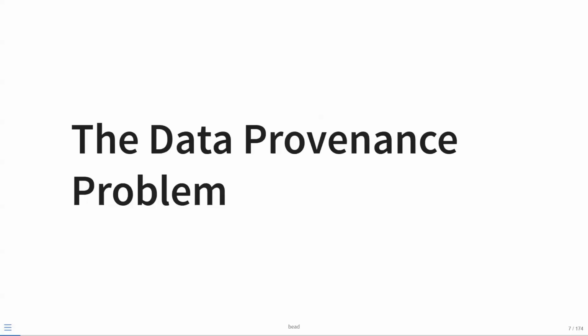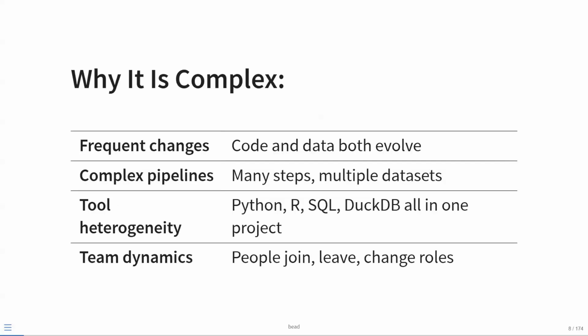So what is the broader problem here that we're trying to solve? We think the data provenance problem is quite complex because you're using multiple different data sets and combining them in different ways. There are frequent changes, so method change. If you're cleaning data, you're always learning something and updating your code every day. At least in our research team, we had this experience that people prefer using different tools.